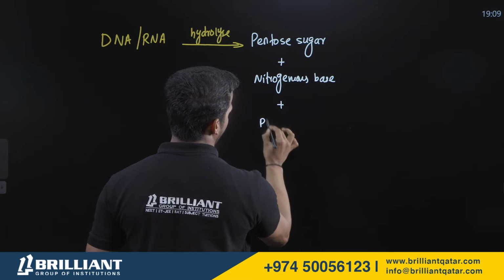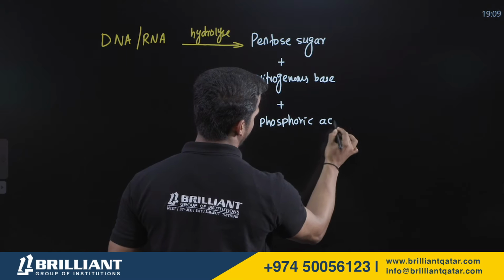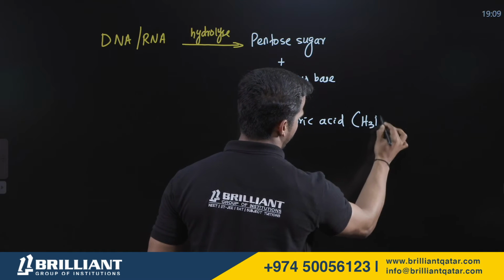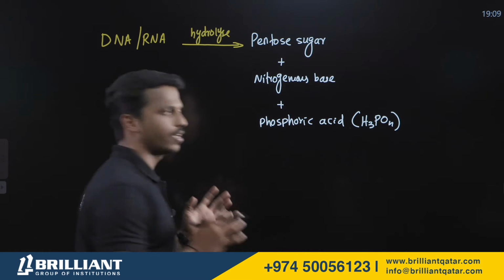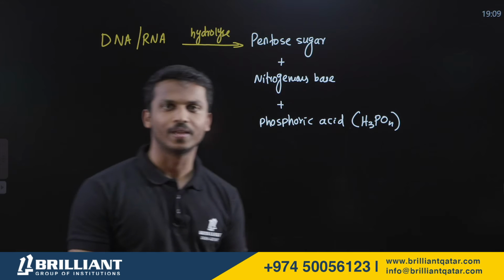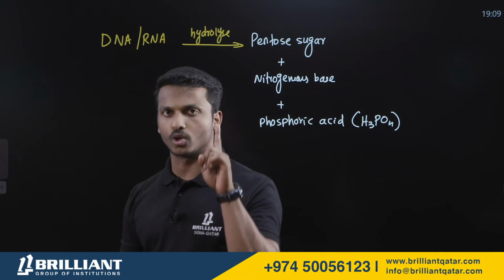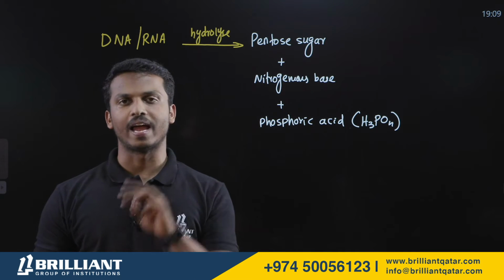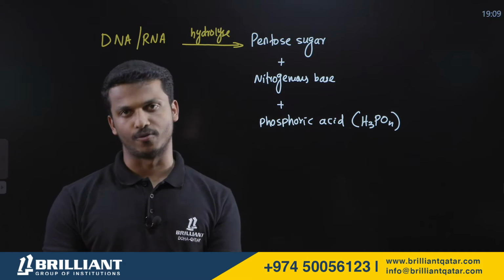And we have phosphoric acid, the formula H3PO4. Okay, these are the main components in DNA and RNA. So on hydrolysis, we will get pentose sugar, nitrogenous base, and the third one is phosphoric acid, the formula H3PO4.